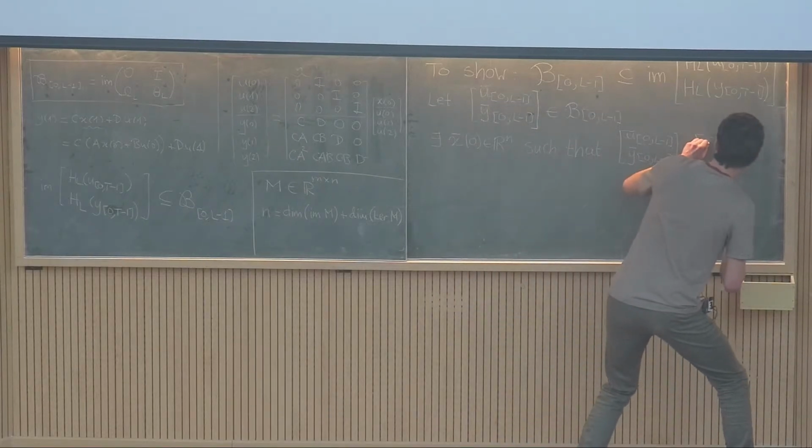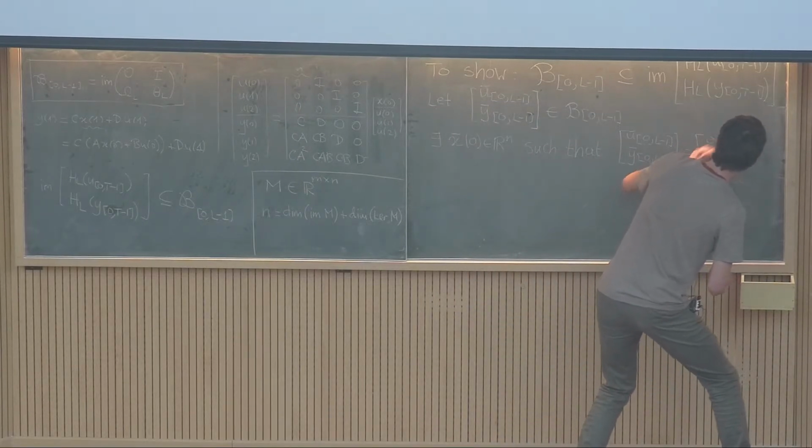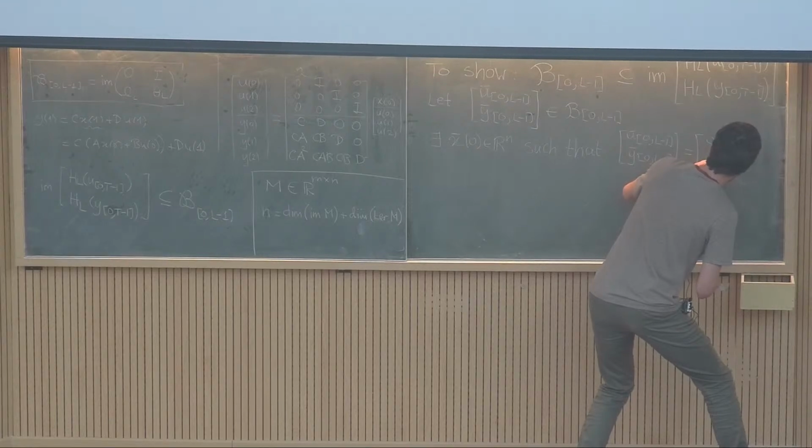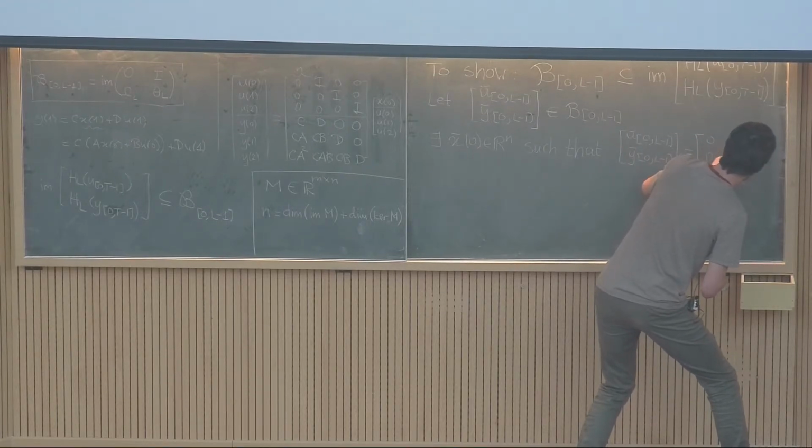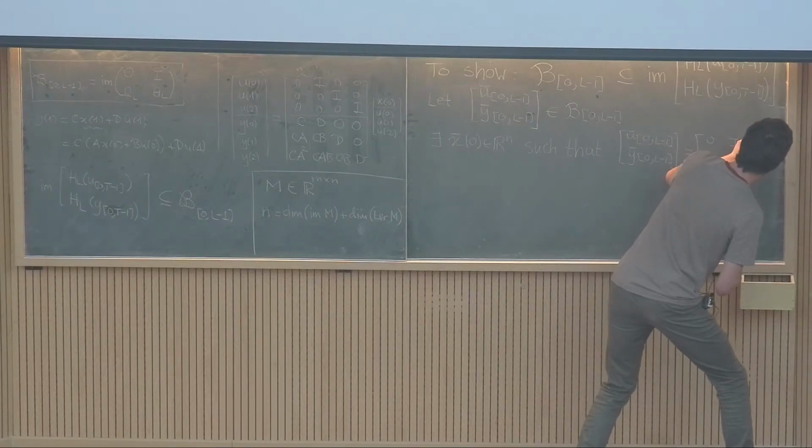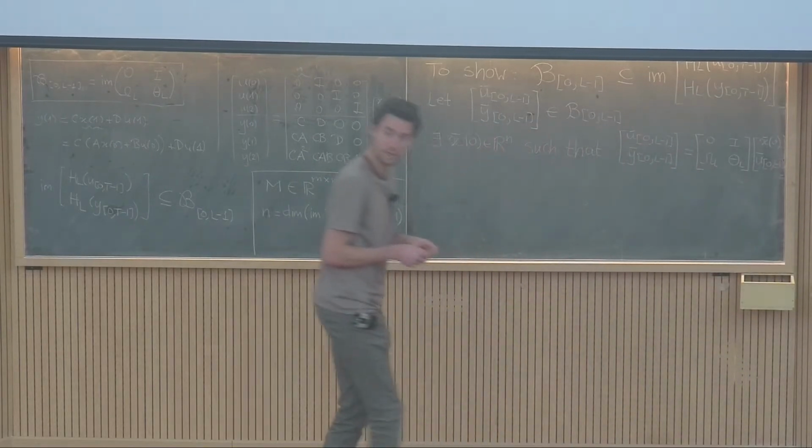So this is [0 identity] times [Omega_L Theta_L] times [x bar 0, U bar 0 to L minus 1]. Like that.